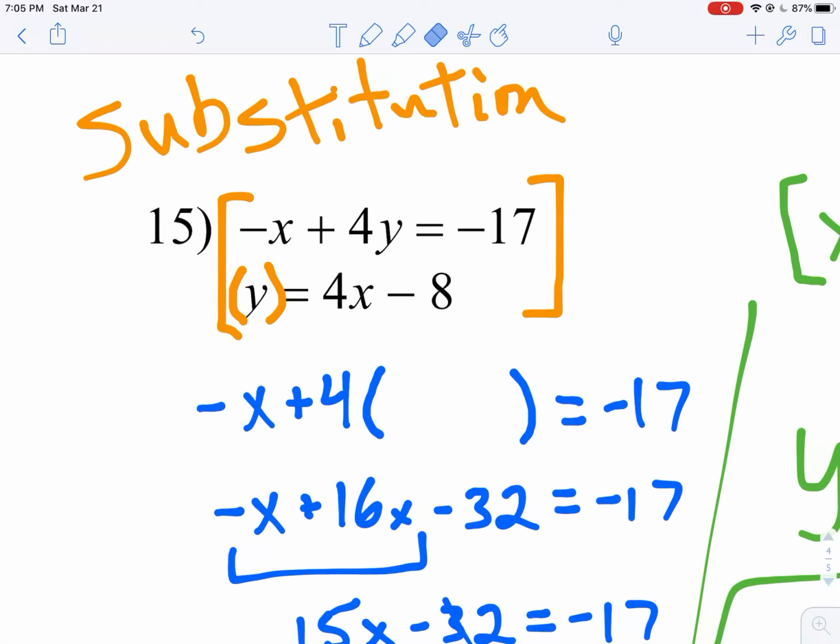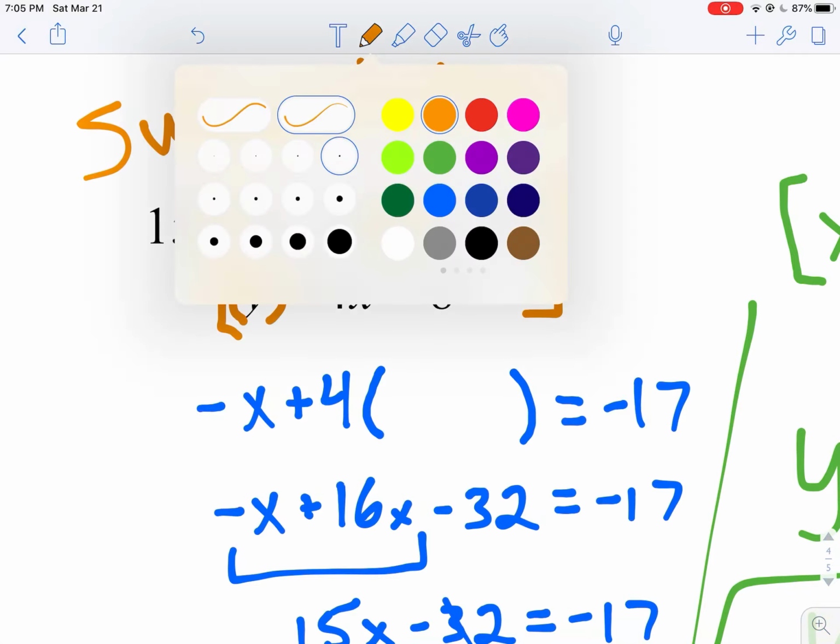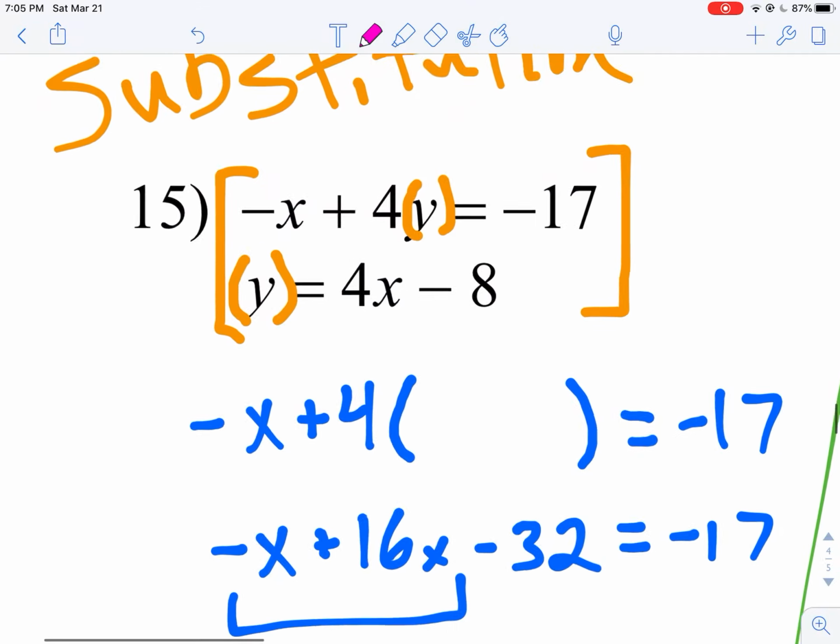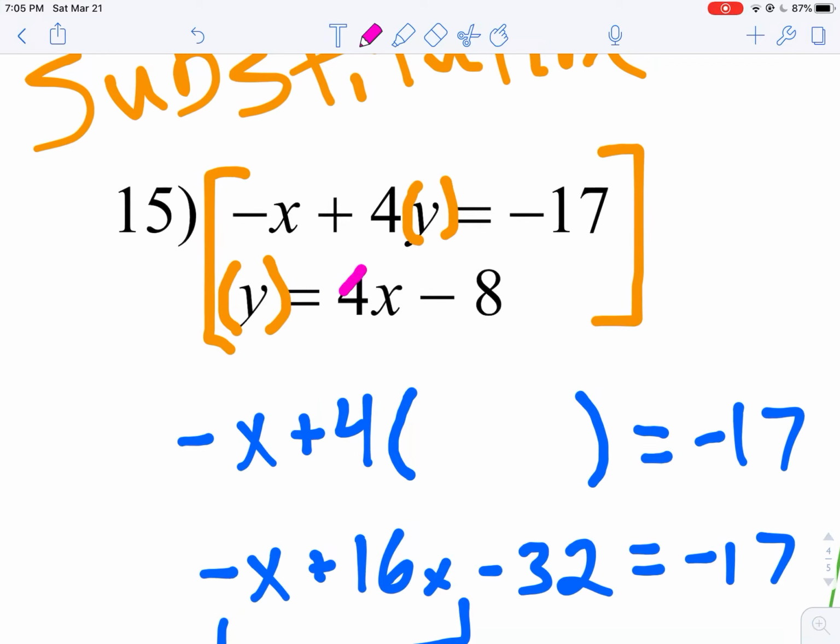So when I look at the equation above it where there's a y, I'm going to take out that y, and I'm going to plug in 4x minus 8. Let me use a different color here. I'll go with this magenta. So y equals 4x minus 8.